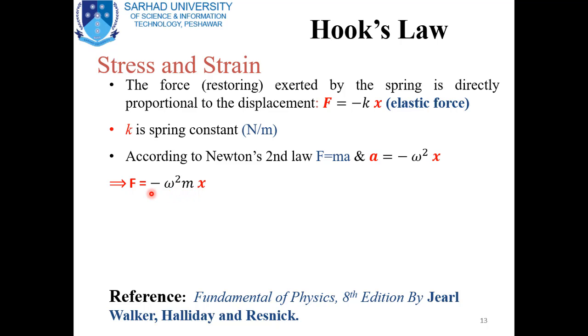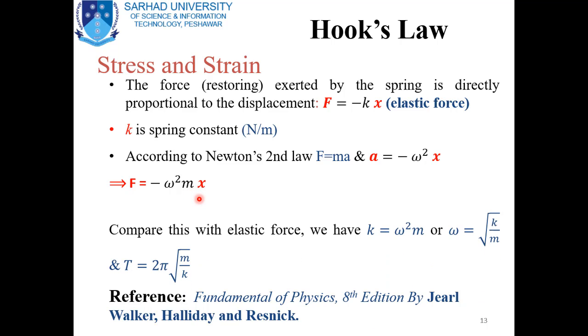If we compare this force with the elastic force, you will see that the left hand side of this equation is equal to the left hand side of the other, so the right hand sides will be equal as well, and we simply get k is equal to omega square into m, or omega is equal to square root of k by m, where k is the spring constant and m is the mass of the object.